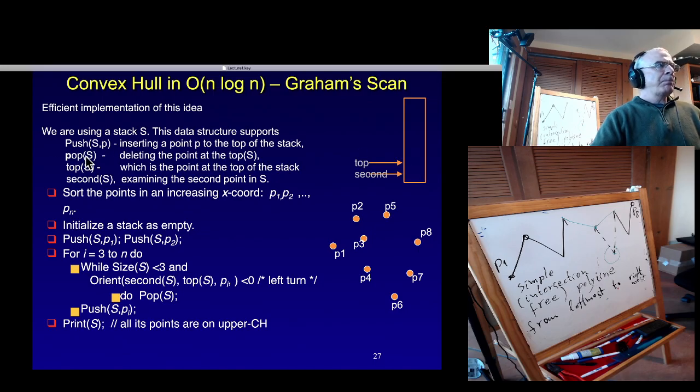It allows you to pop a point from the stack. It allows you to ask who is at the top of the stack, what is the point that is at the top of the stack. And here we are changing a bit the rules from a formal stack.